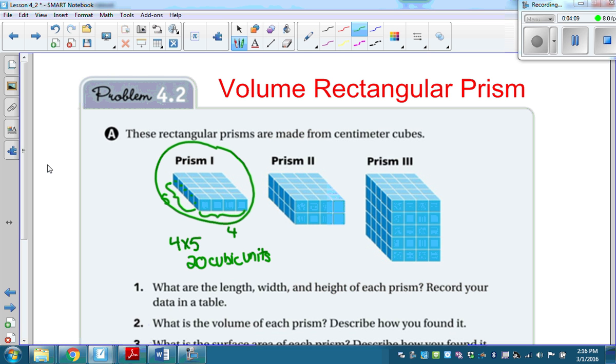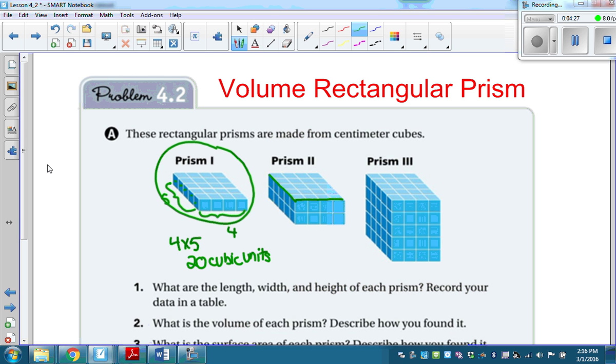Okay. So Prism 2 is the exact same thing, but it has 2 levels. So I don't have to start the whole problem over because this is still 5 units here by 4 units there.